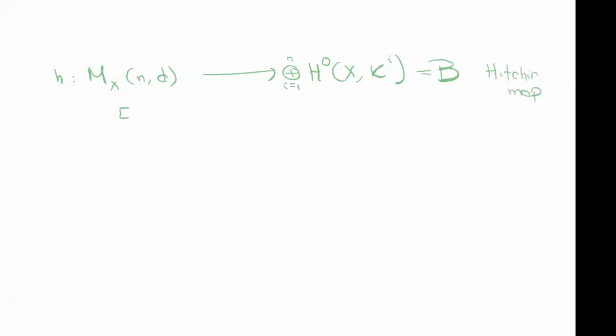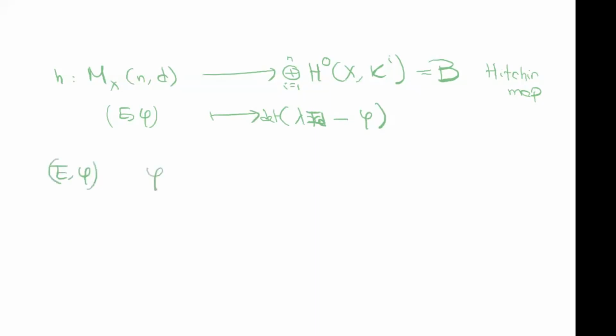It assigns to a pair (E, phi) the characteristic polynomial of the Higgs field. A priori, this is just a formal object, but the coefficients are well-defined sections taking values in the successive powers of the canonical bundle.